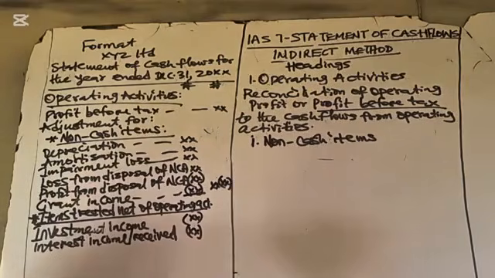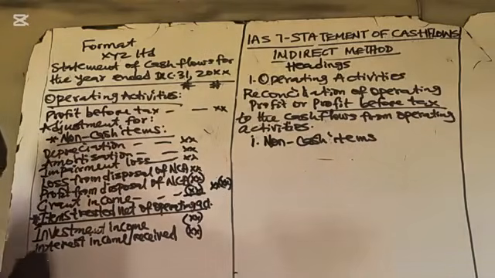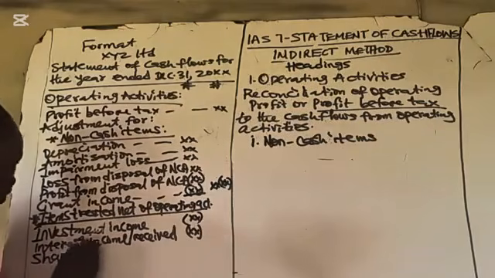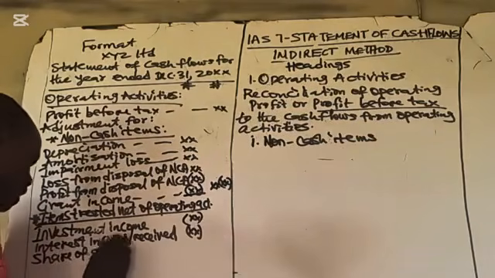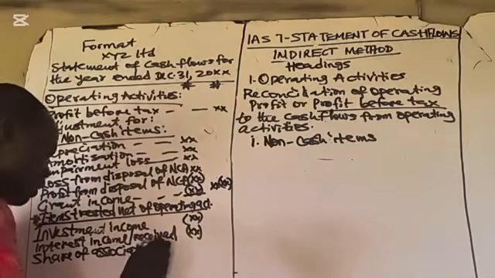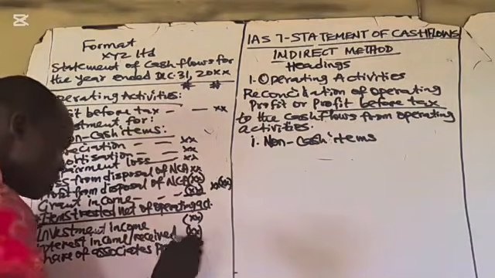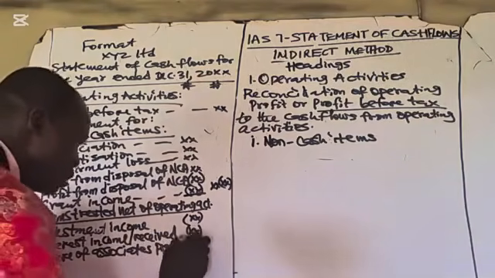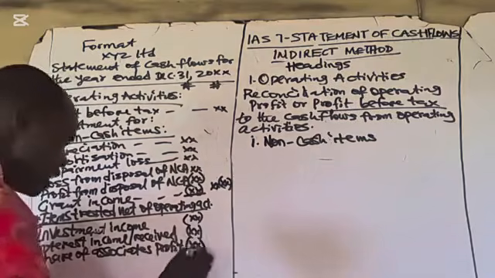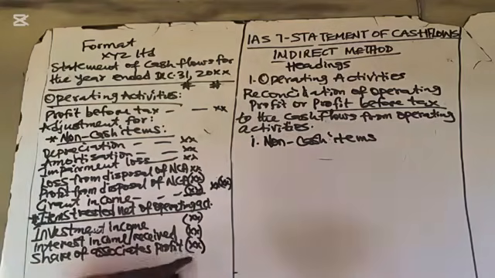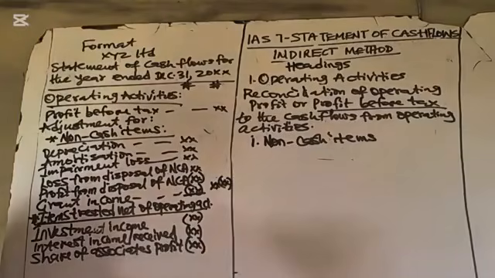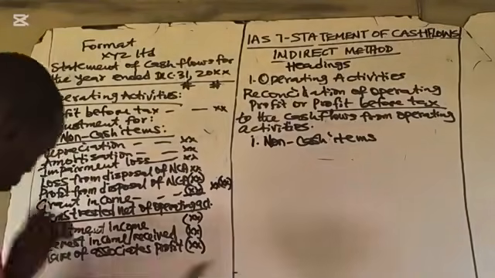Then we may also have items such as share of associate profits, a profit or loss. This will be used to calculate dividend receipt from associates, which will be reported as investing activities. So where it has been included in the profit or loss, you remove that.